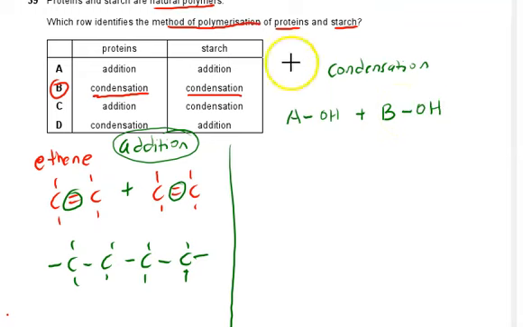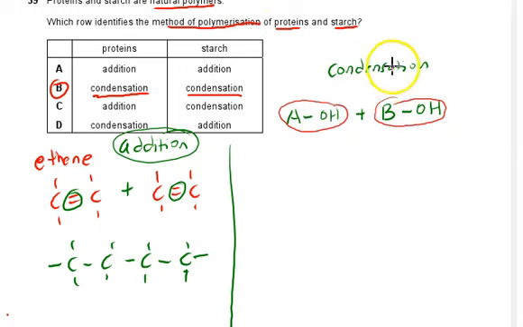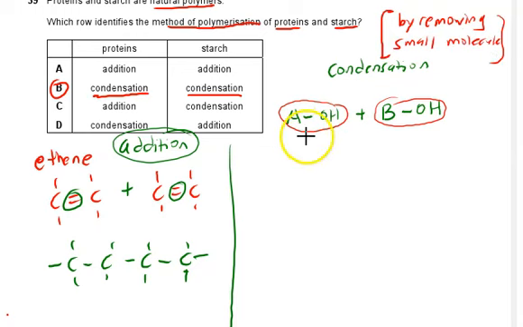So what happens is both of them will get combined by removing small molecules, mostly water. So example like A, O and B.